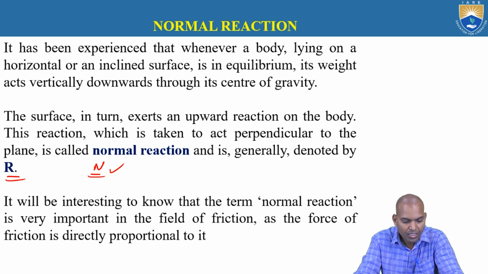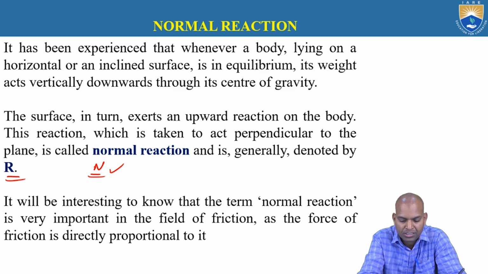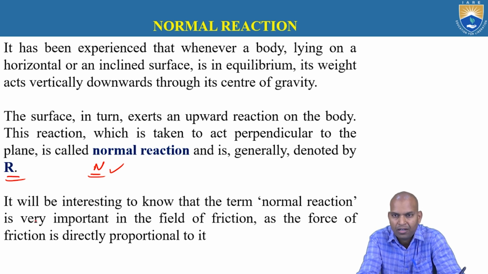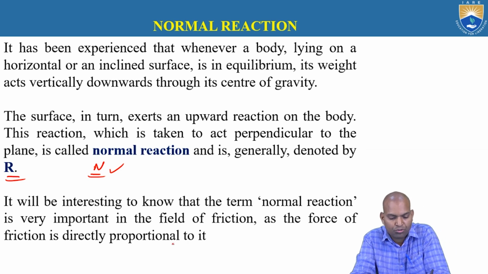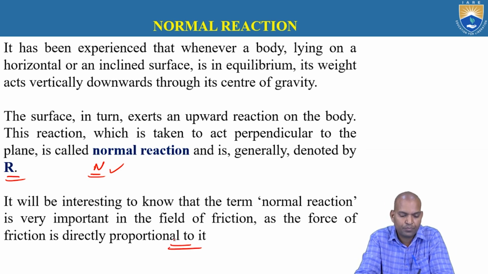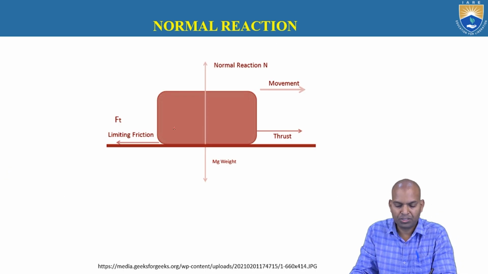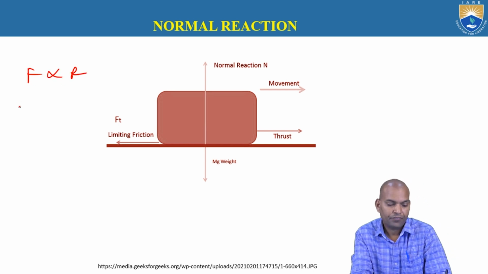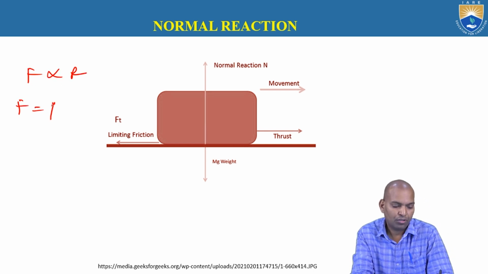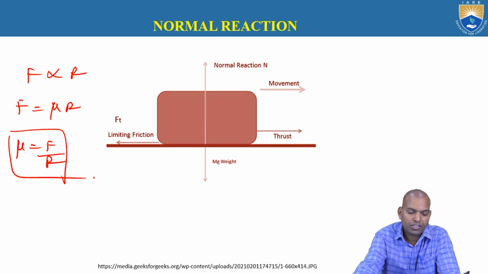Now, it is interesting to know that this normal reaction is very important in the field of friction, as the force of friction is directly proportional to it. The force of friction is directly proportional to the normal reaction R. Then F equals mu times R, so mu equals F by R. This mu is the coefficient of friction.